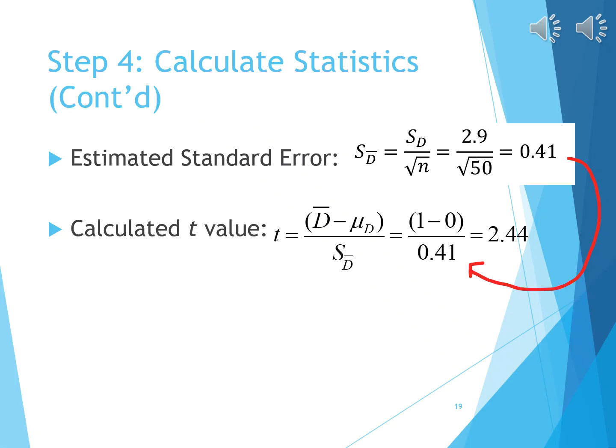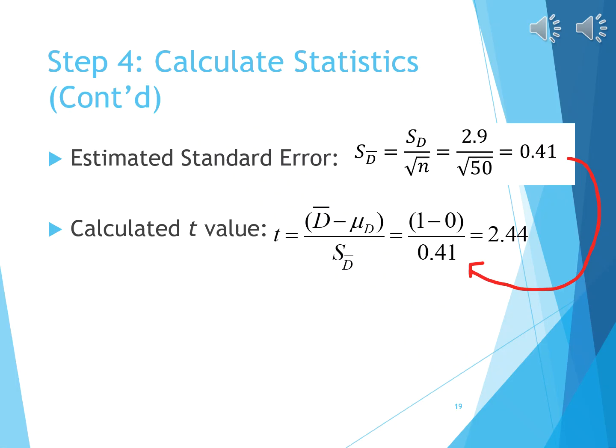And then we're going to subtract from that the population mean difference score, mu subscript d, which, as we know from our null hypothesis, is the comparison that we're trying to make for our sample's mean difference score. We're going to use a population mean difference score of 0, which would indicate no difference between pre-test and post-test.